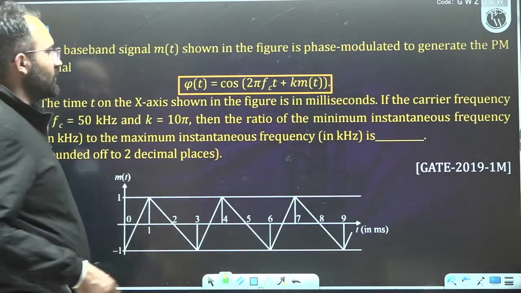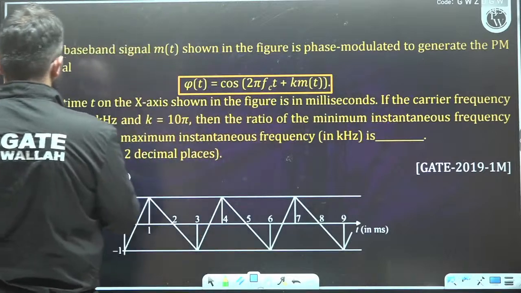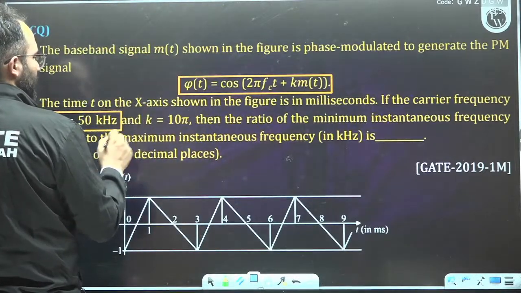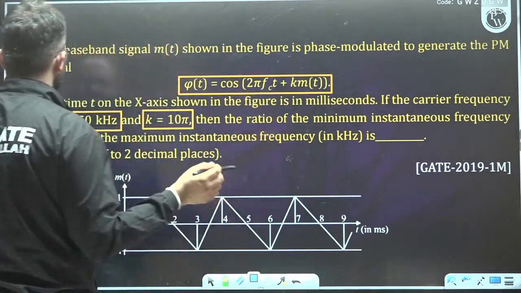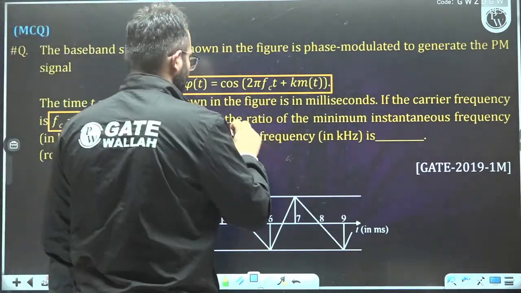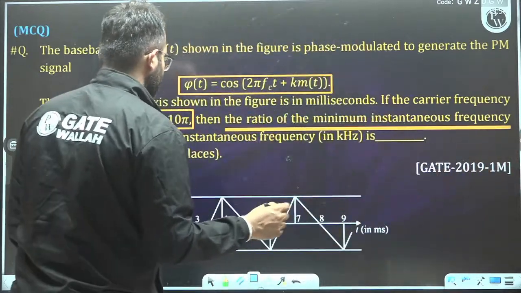If the carrier frequency is 50 kilohertz, and the k value is also given, then find the ratio of minimum instantaneous frequency to maximum instantaneous frequency. A very simple question. By simple analysis we can get the answer. Let's try to do it.